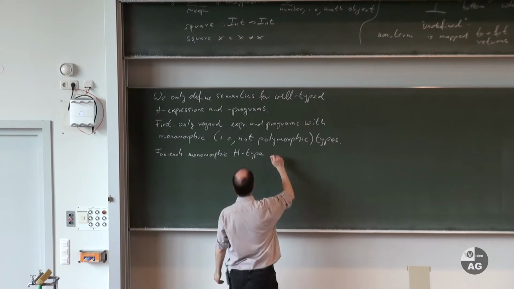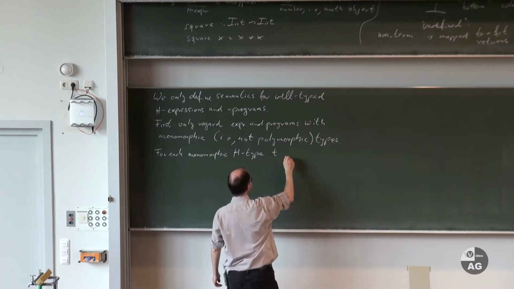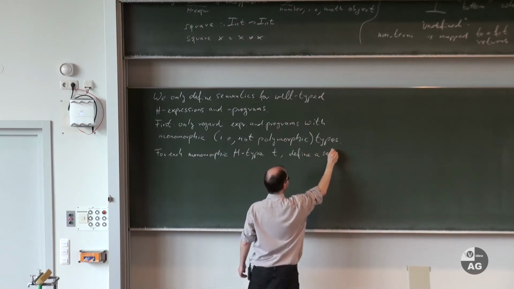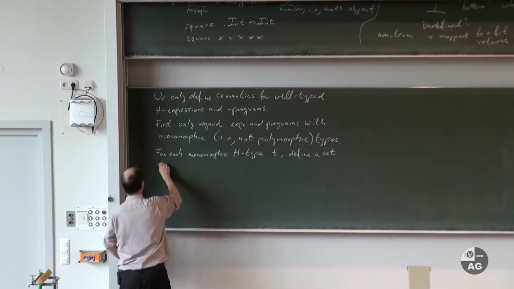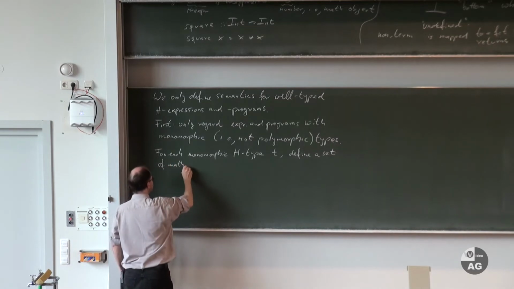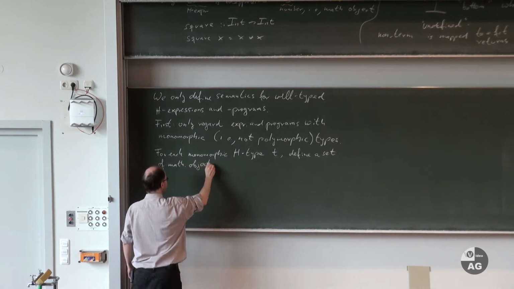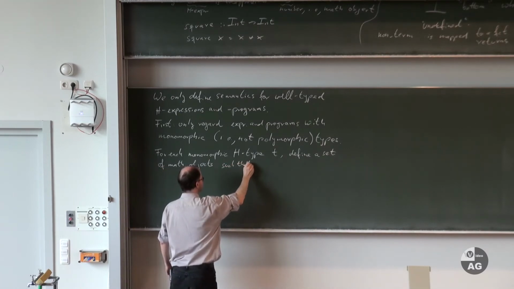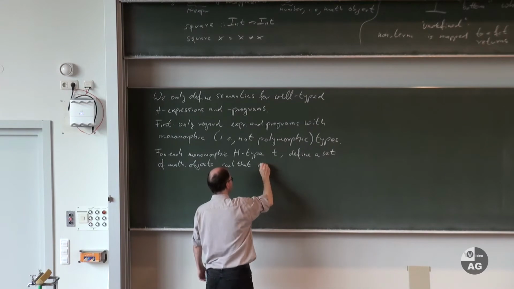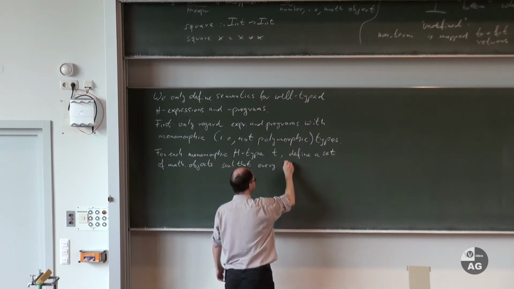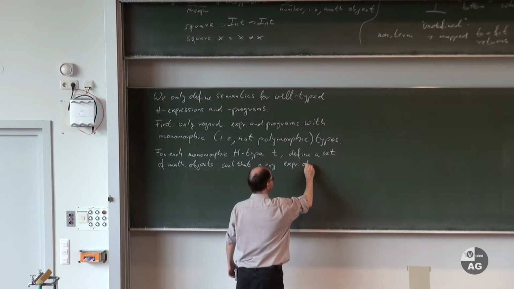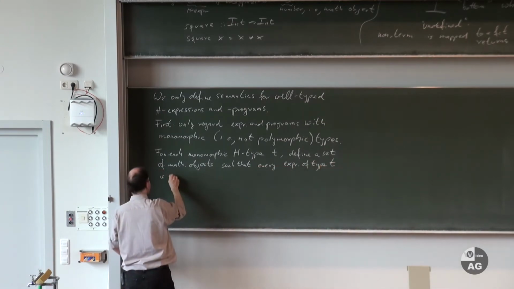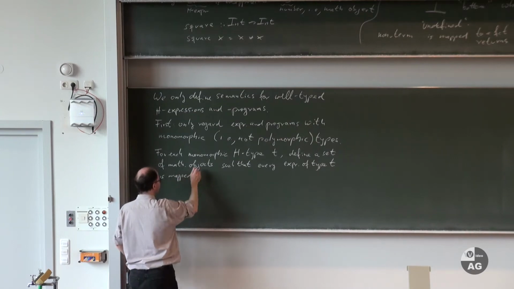So for each monomorphic Haskell type T, define a set of mathematical objects such that every Haskell expression of type T is mapped to an object of the set.